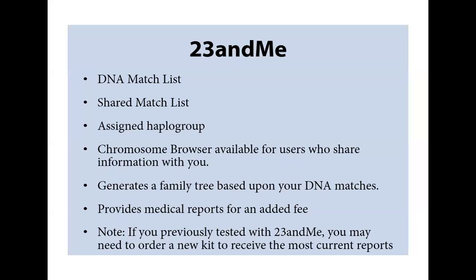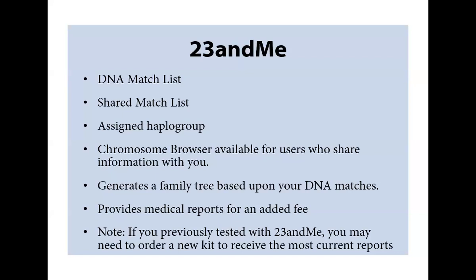They do also have some other tools such as a chromosome browser and creating a family tree. Keeping in mind though that there was a data hacking issue in the last year or so. So some of these tools were taken offline and are slowly coming back. So just keep that in mind that if you don't see everything available, it's because they are still trying to restore it and keep things more secure.